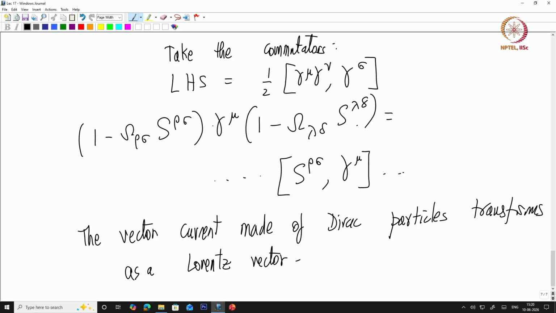Now, similarly you can show that there is another thing which is nothing but your Lorentz tensors, which is nothing but psi bar sigma mu nu psi. So, this transforms as a tensor. That means you have 2.